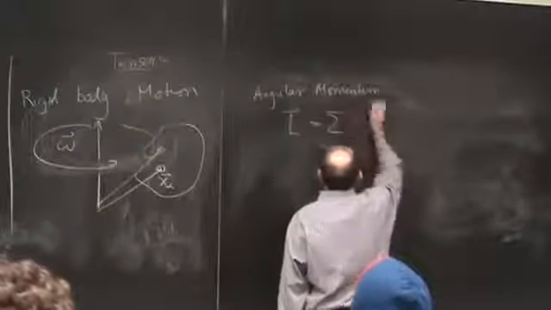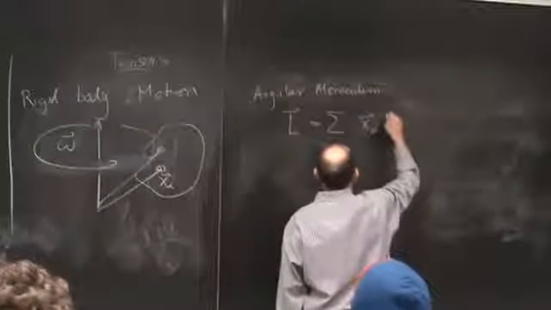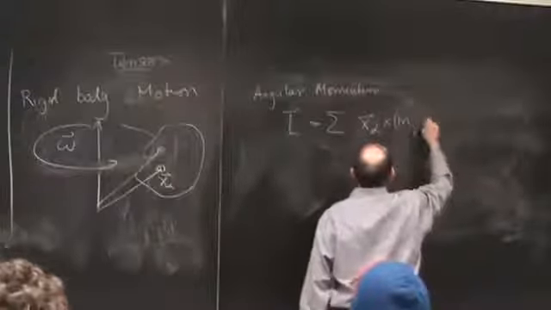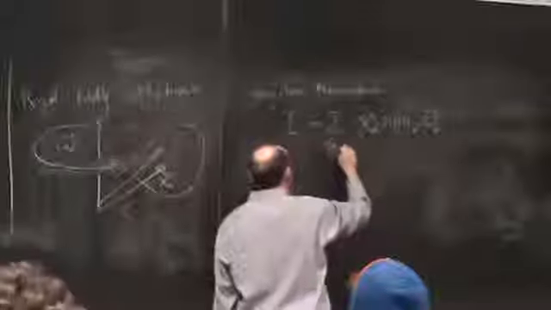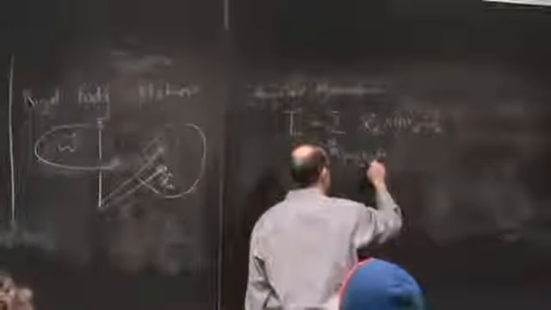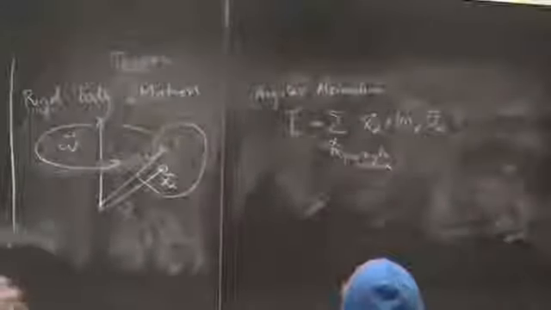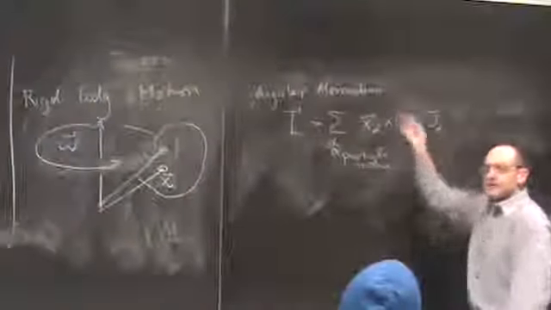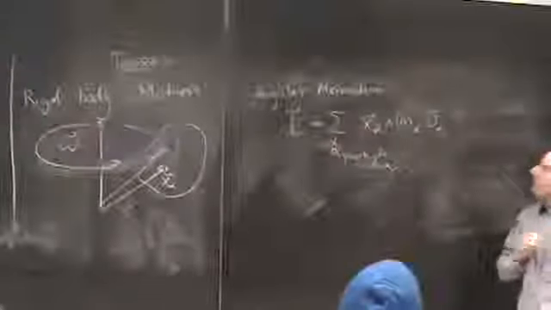So we have r cross p, or position crossed into momentum. So this alpha is not a coordinate, it's a particle index, or point in that rigid body.